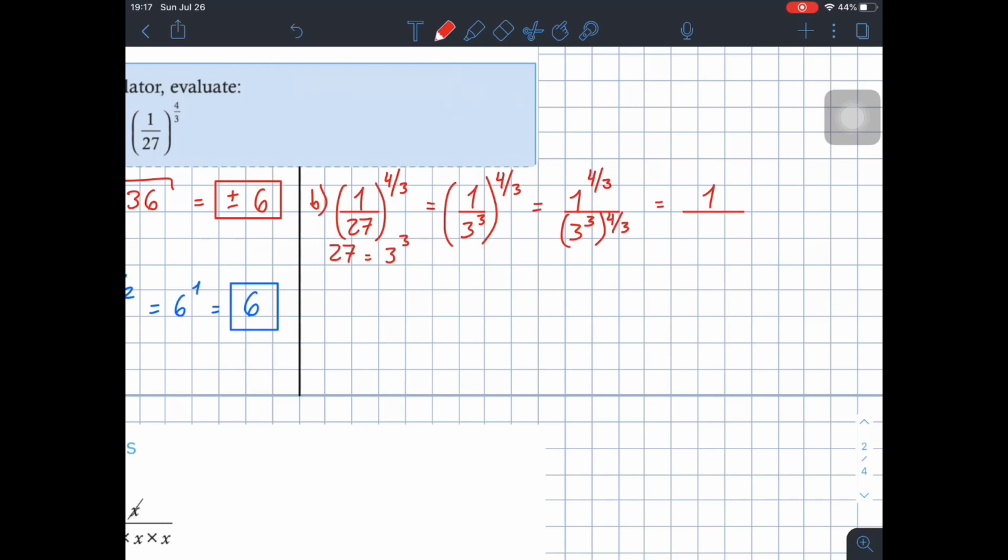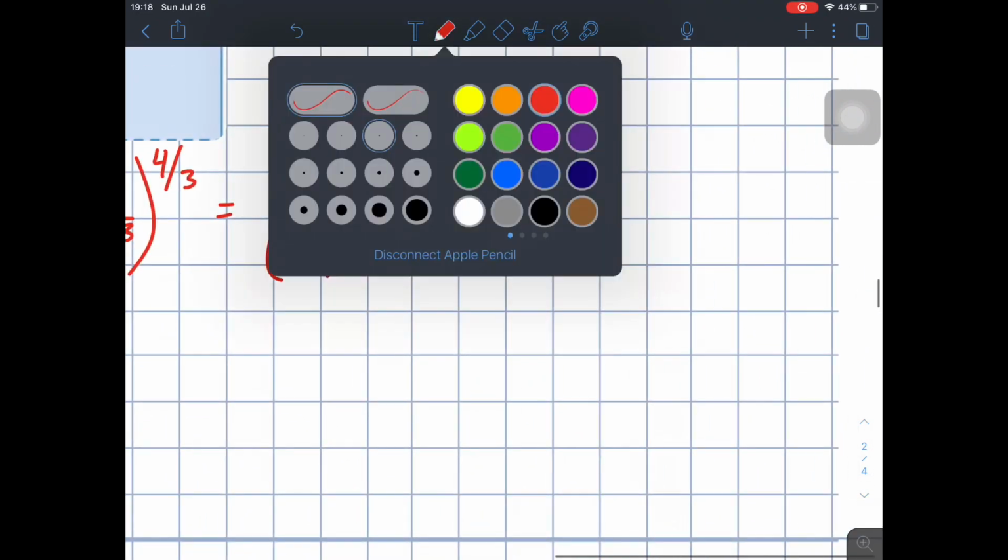And here we have a power to another power, so we multiply the exponents, and we're going to get 3 to the power of, both 3's simplify, right? This is 3 times 4 over 3. I'm going to do this a little bit smaller just to avoid confusion.